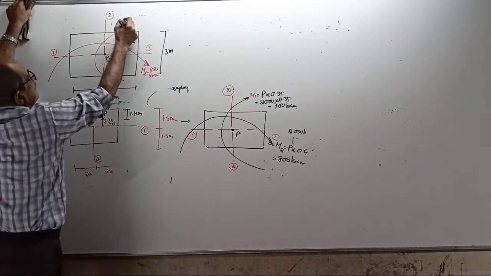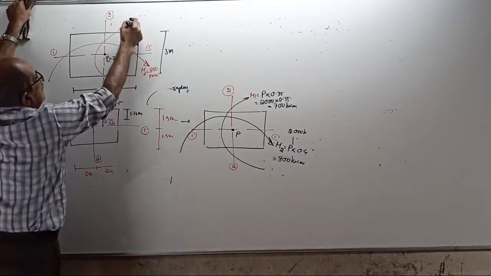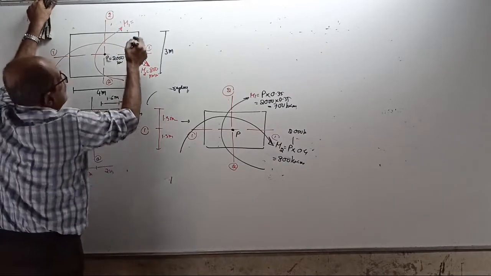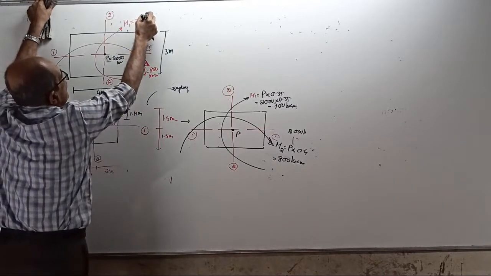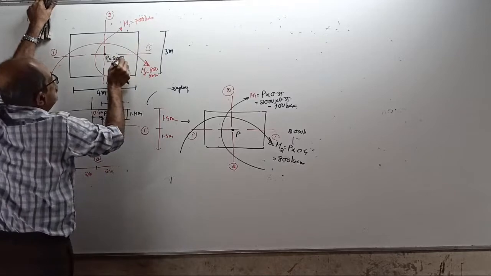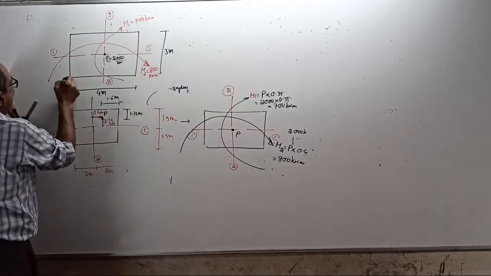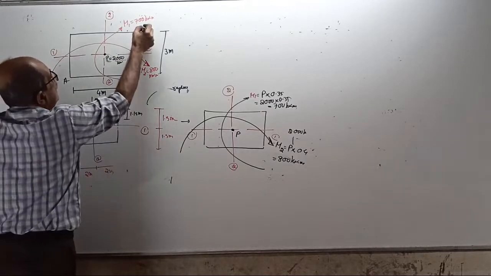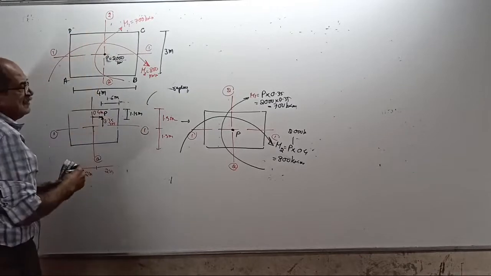That is the moment about axis 1, 1, M1 equal to 700 kilonewton meter. P is 2000 kilonewton. The corners are A, B, C, D.